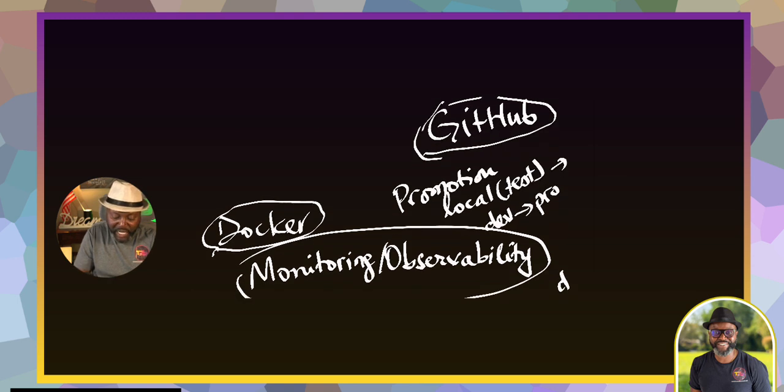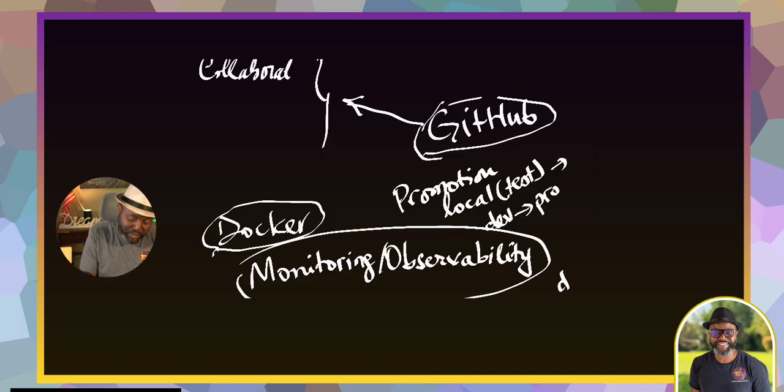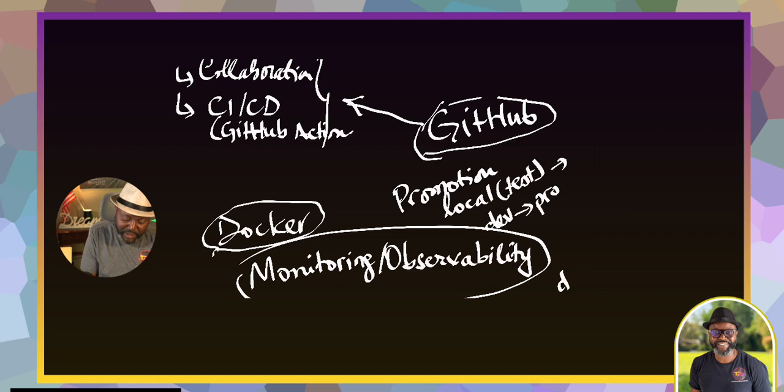So GitHub, you use it for several things. You use it for collaboration. You can also use it for CI/CD, and this is the section that we call GitHub Actions.